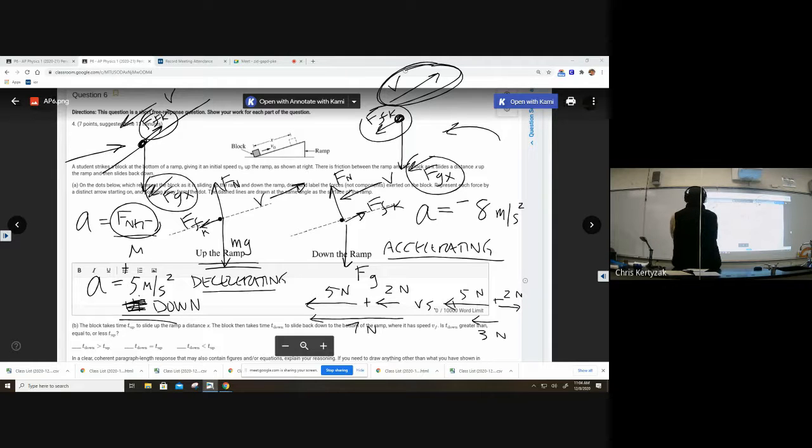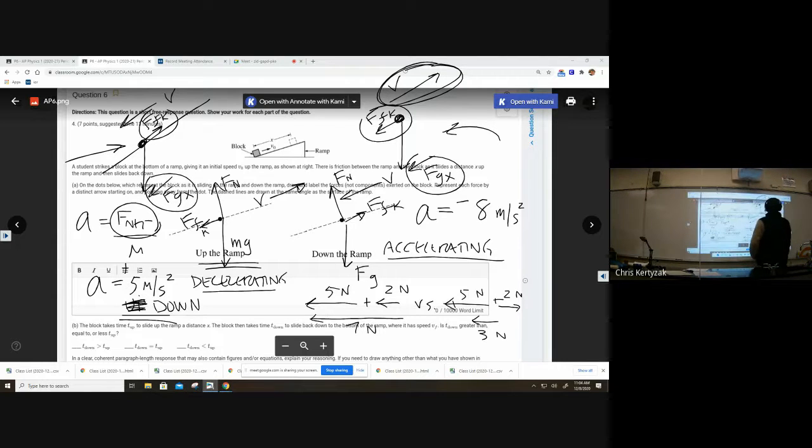With that in mind, how will that affect the time? Right? How will that affect how long it takes to go all the way up versus all the way down? So in this case, when we have it going up the ramp on the right side of my screen, since the acceleration rate is really quite high, it's losing speed very quickly, this would be a small amount of time, because that large loss of speed per second causes a small amount of seconds for it to finally lose all of its speed.